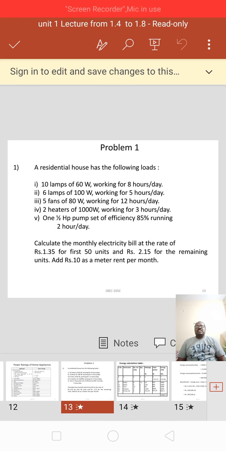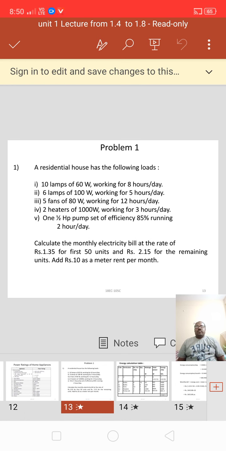Last but not the least, a half horsepower pump of efficiency 85% running 2 hours per day. These are the different appliances which we use in our house.